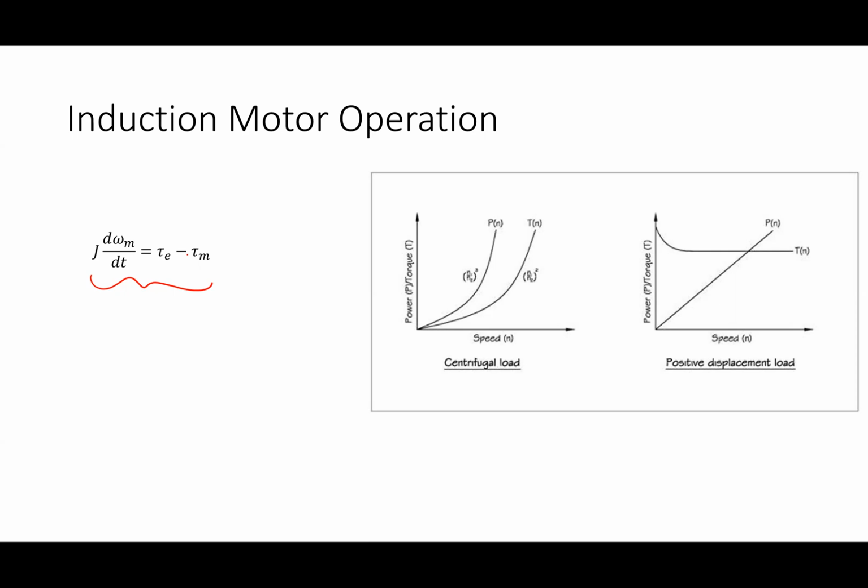All right. So there are two types of loads that we typically deal with, right? A centrifugal load or a positive displacement load. TE is the torque produced by the motor. So this is the torque produced, the electrical torque.